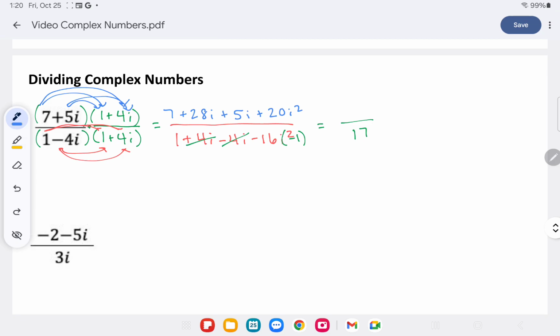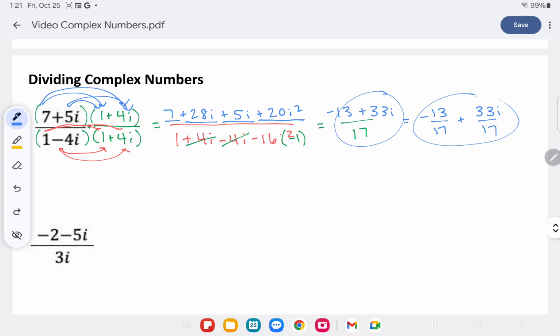So when simplifying this one, we end up with negative 20 plus 7 and 28i plus 5i. You can break this down into the real component and the imaginary component, or you could leave your answer like this. Either one would be correct.